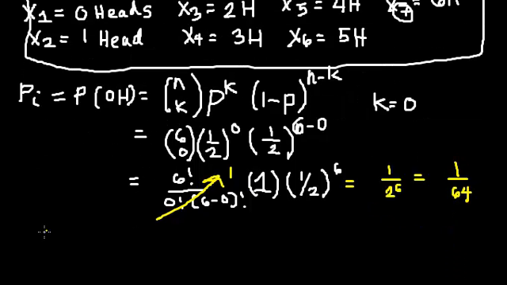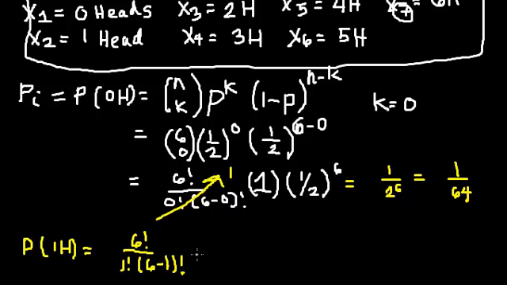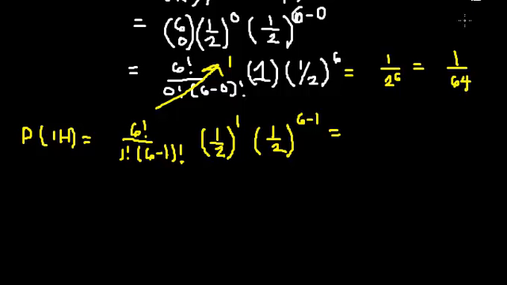So how about when we do the probability of getting 1 head? Well, that would be 6 tosses, 6 factorial over 1 factorial times 6 minus 1 factorial, times the probability 1/2. Now k is equal to 1, so it's raised to 1, and still 1/2. And now we have 6 minus 1. So let's see what this thing is equal to. Alright, so we have 6 factorial divided by 5 factorial, right?